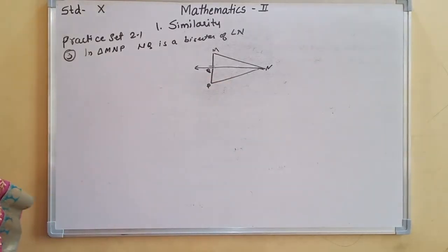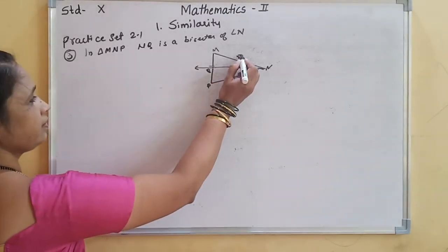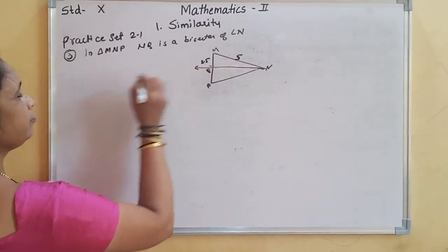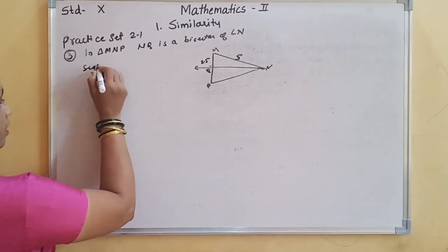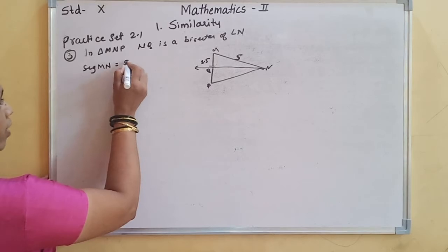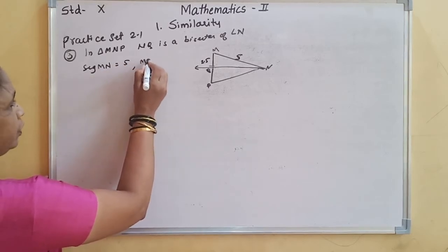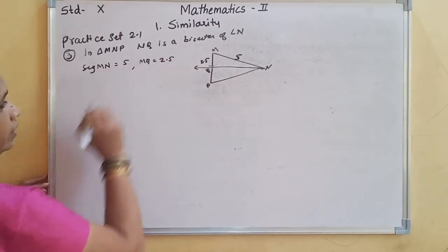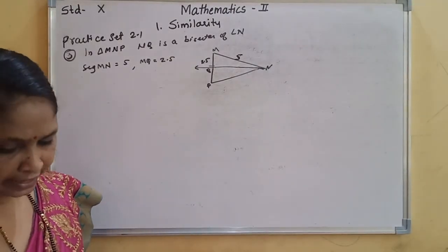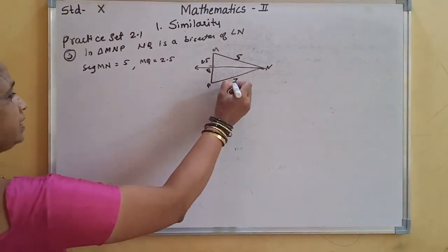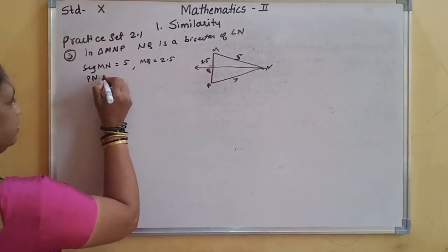Now here they have said, find QP. So what is given? This is given 5. This is given 2.5. Therefore, segment MN is equal to 5, MQ is equal to 2.5, and PN is given 7.